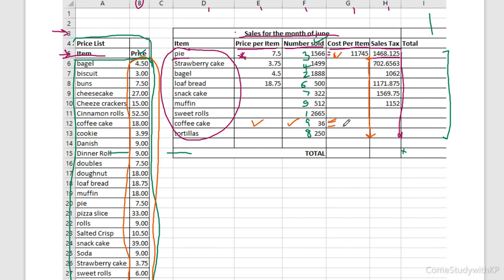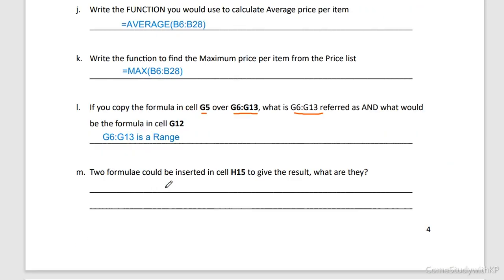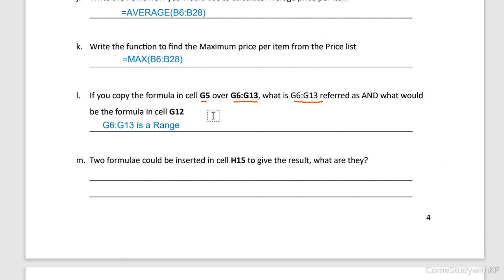So we would have E12 times F12. The answer here would be equal to E12 times F12.